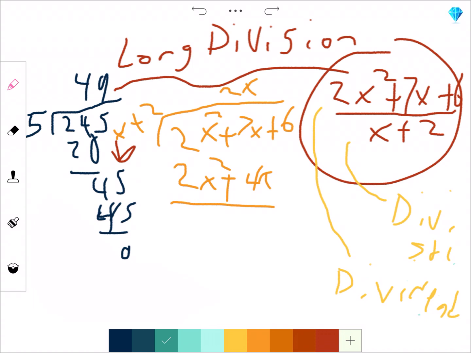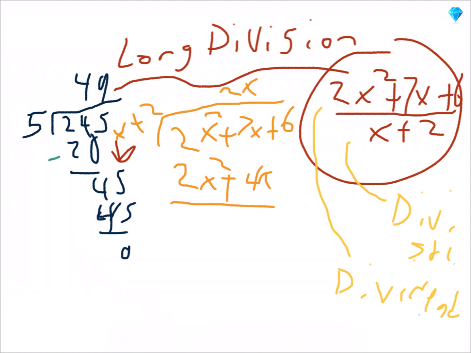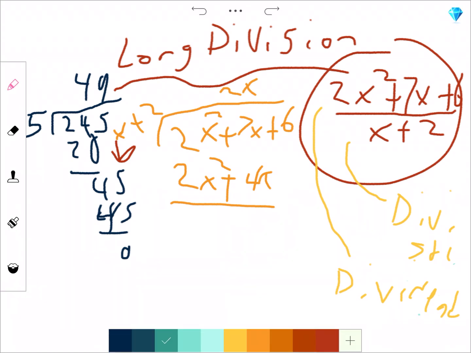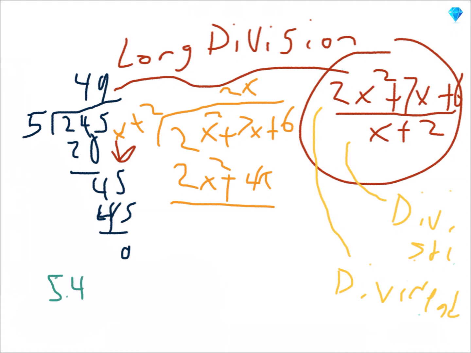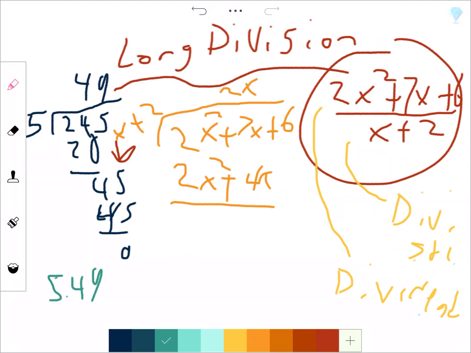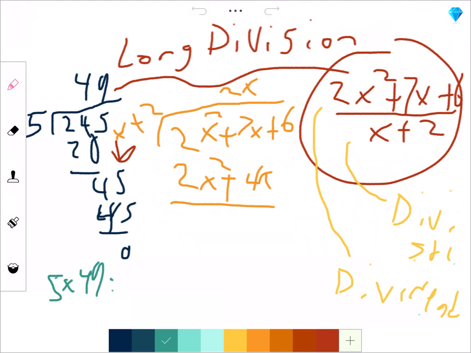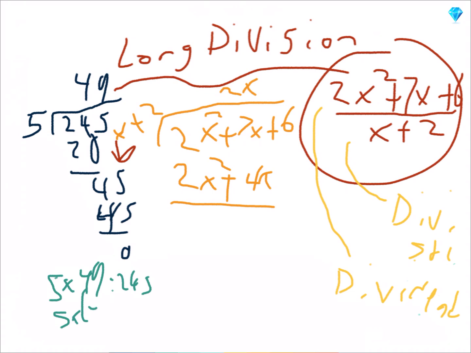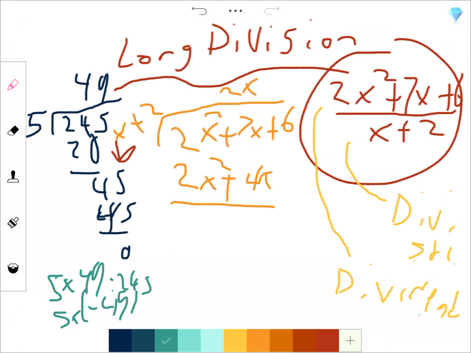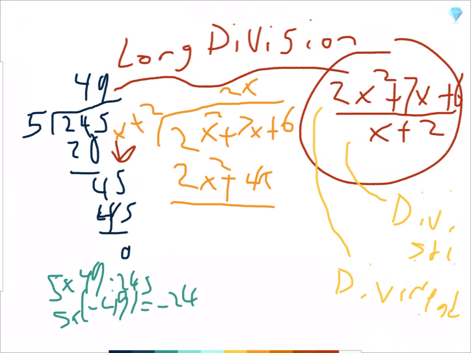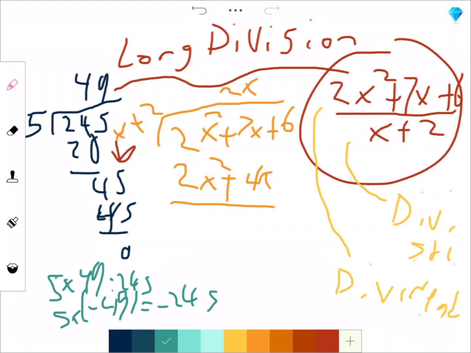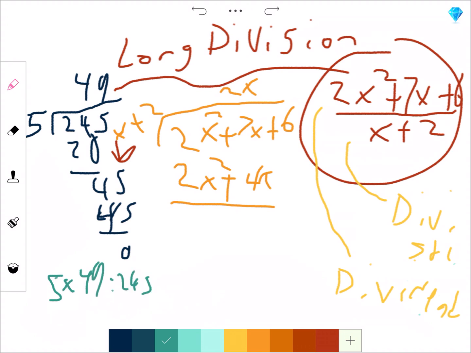So you're trying to aim for positive here and not negative. The reason is that 5 times 49 gets you 245, but 5 times negative 49 would be a negative 245, which is not what we want. We wanted 245. That's why we keep it positive instead of negative.